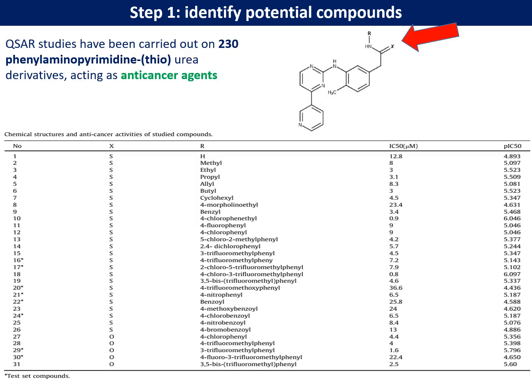And next I will show you my data. I did the chemical structure of anti-cancer compounds in my study. I have around 230 phenylamino pyrimidine urea derivatives. They can have bioactivity like an anti-cancer agent.